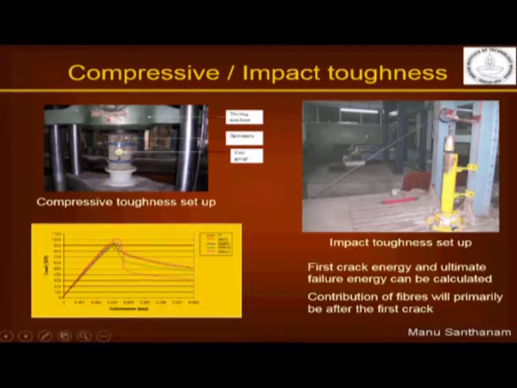You can imagine that for a plain concrete, after a certain number of times that this weight falls on the concrete, there will be cracking, and as soon as cracking appears, there will be complete failure of your specimen. In the case of fiber reinforced concrete, even after the cracking appears by falling of your weight on top, this crack will take some time before it actually disintegrates the specimen, right. That means that even after the first crack has appeared, I can continue to drop the weight several times before the fiber reinforced concrete actually fails completely. Okay. So impact testing can also bring out the benefits of fiber reinforced concrete.